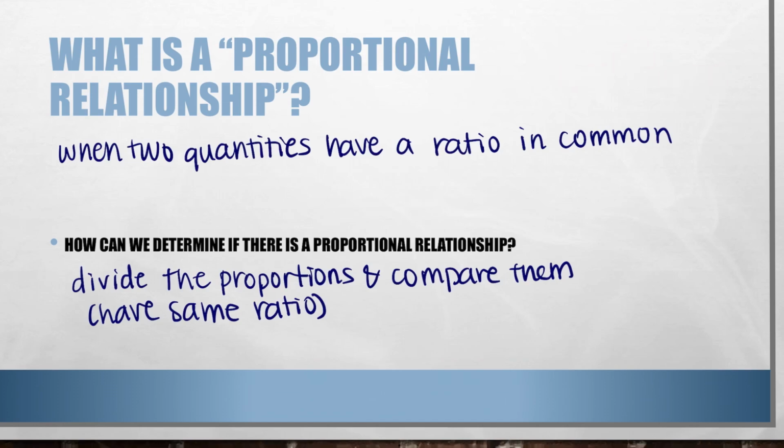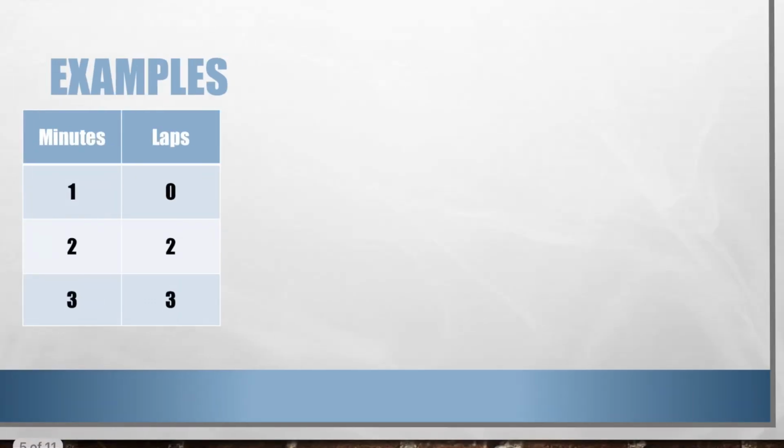And usually, and this will make more sense as you go in mathematics more, we usually do the second column divided by the first column. It kind of matters and it kind of doesn't. Sometimes it doesn't matter as much. But because usually when we set this up, when we have X and Y, we usually do Y divided by X, because this is the dependent divided by the independent variable. And that's a whole other lesson. But for now, we really just are going to do this divided by this and make sure that it stays the same. Actually, because we're doing just proportions, we're not looking at really anything else. You could do it the other way as well, but we're not going to.